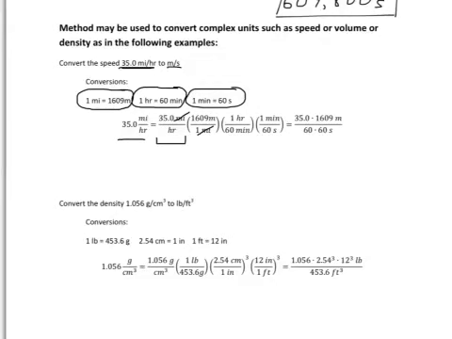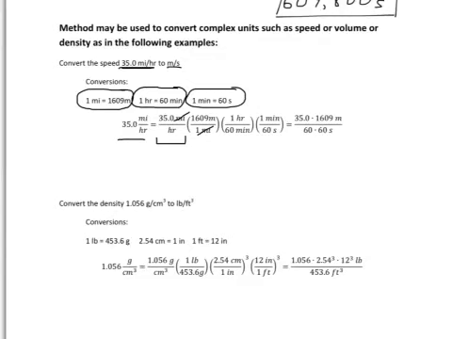Now I want to take care of my time unit. My time unit is in the denominator, and I can use this second conversion factor, 1 hour equals 60 minutes. Now be careful how you write it. I need the hour in the numerator to cancel the hour that is now in the denominator.